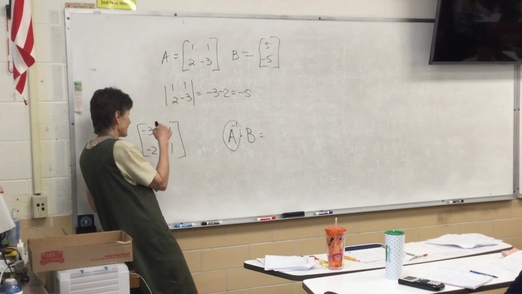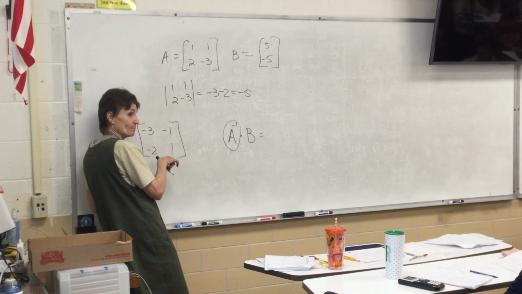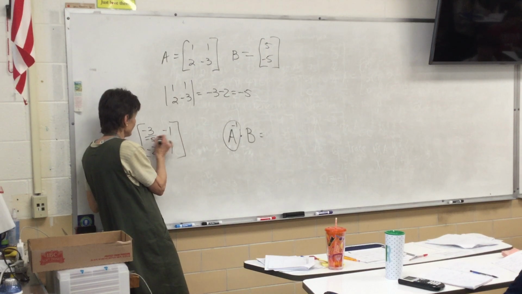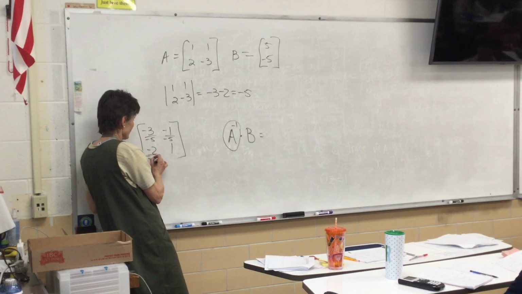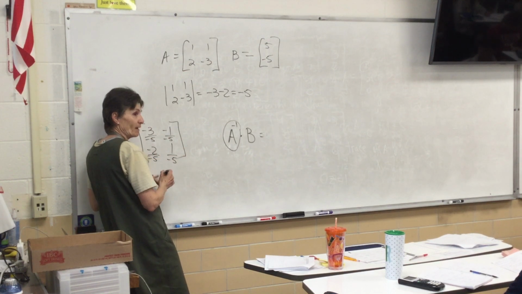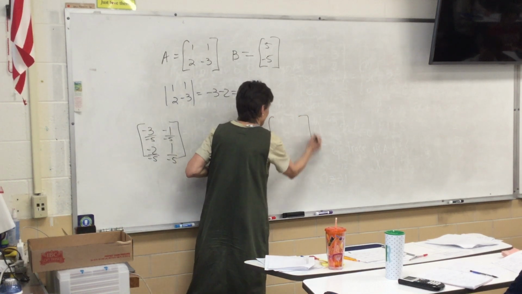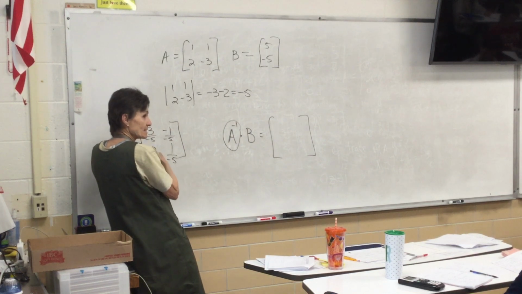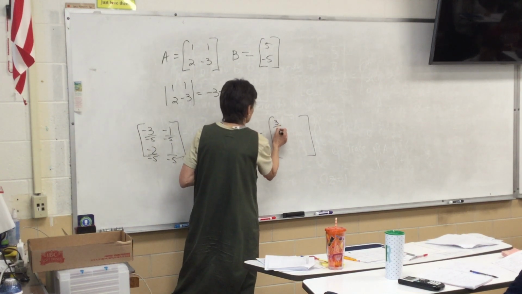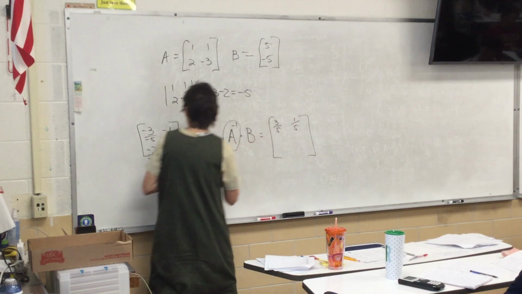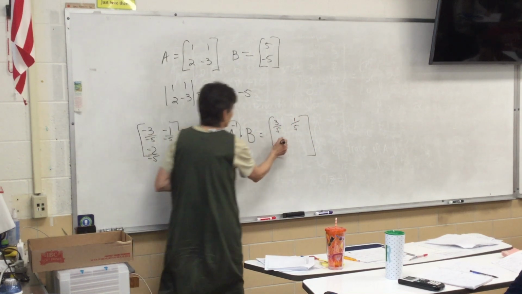Then I'll take all of these and divide by negative 5, and simplify as necessary. So A inverse is going to be right here. This is A inverse. So 3/5, 1/5, and 2/5, negative 1/5.